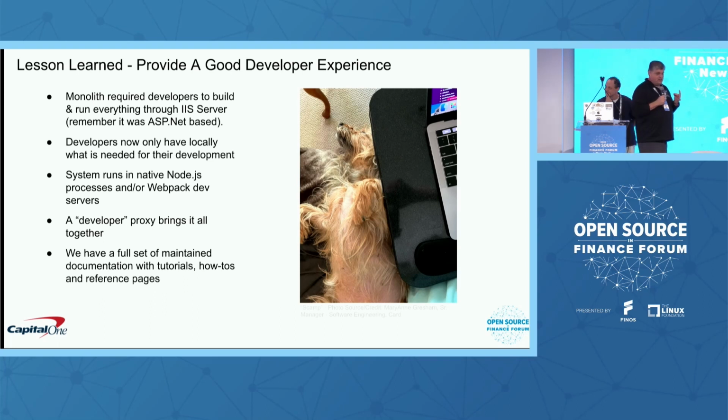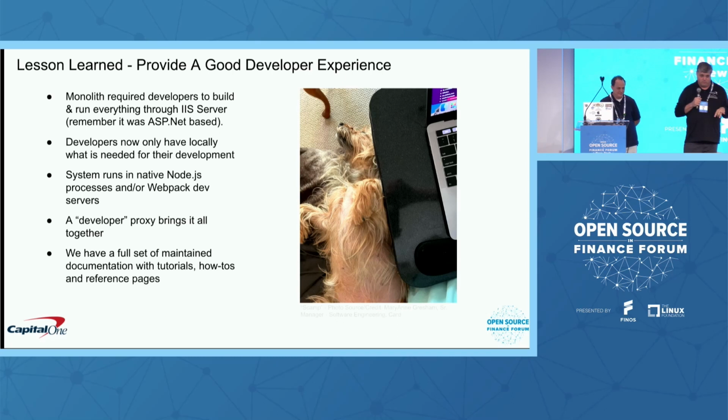So a good developer experience, and I would cross out good now and say a great developer experience is what you actually need to be successful here. You need to give your developers the flexibility to run things locally, only run what they want, and run natively. And so the monolith required our developers to have, since we were ASP.NET, IIS on their machines.